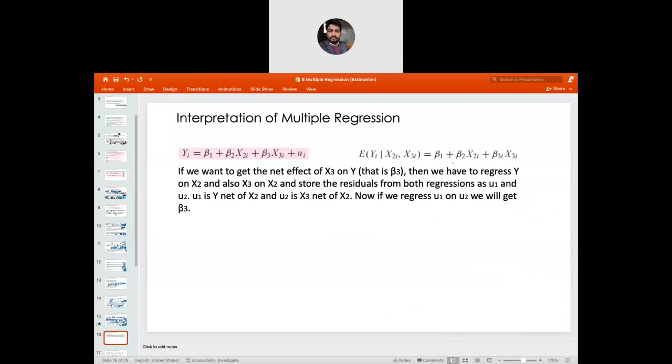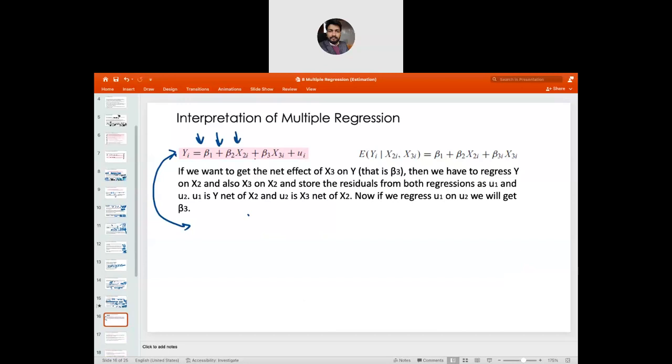So we can do one exercise to understand this. Suppose you have this regression, right? Y equals beta 1 plus beta 2 x2 plus beta 3 x3 plus ui, right?